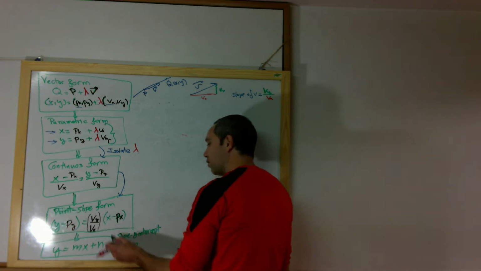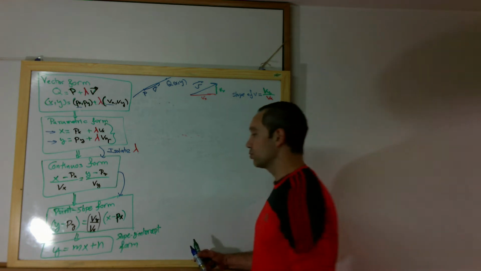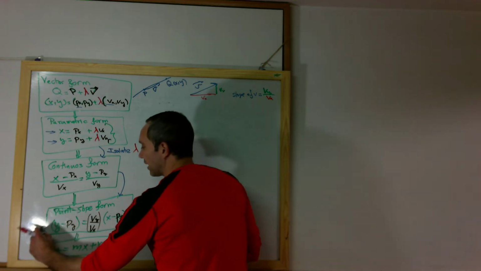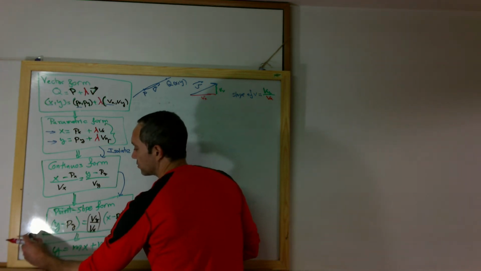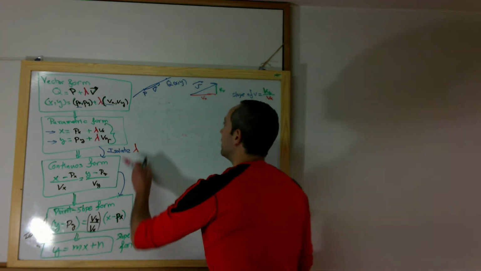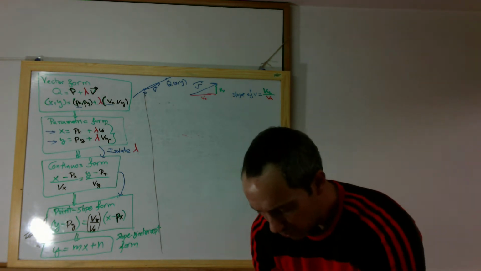And finally, how do we get the slope y-intercept form, the one that we are used to? This is so easy. You just have to isolate y.